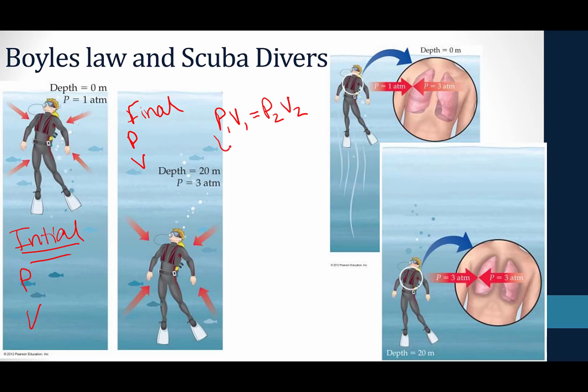So this P1 V1 is going to be the initial. What were the conditions when the experiment started? And the P2 V2 is going to be the final. What was it like at the end? So if we know 3 of those 4 variables, we could solve for any one of them. So let's take a look at an example.